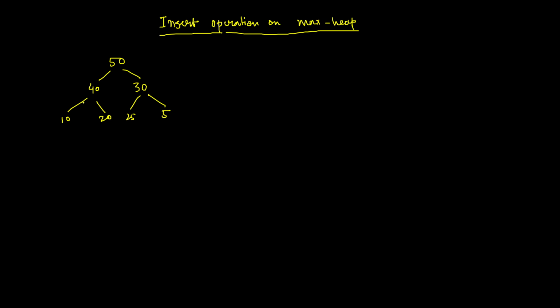It's possible. If it was something like 40 with 35 on the left side and 35 having 10 on its left, then also it is okay. And in this side, okay, don't think 35, consider a situation which is say 60, which is greater than the maximum value present in the tree.